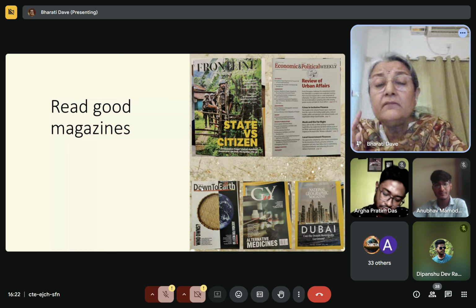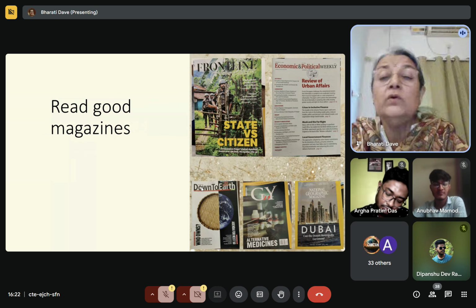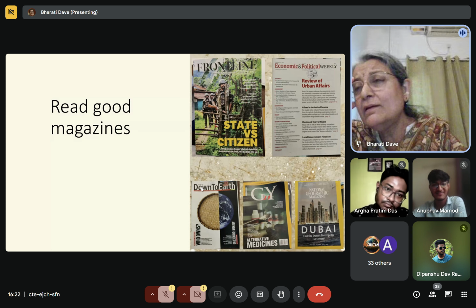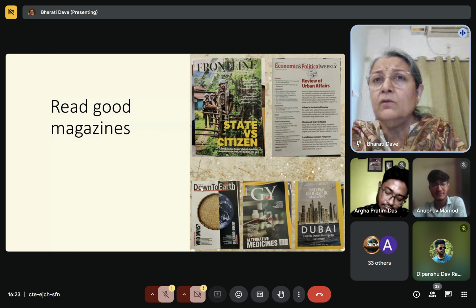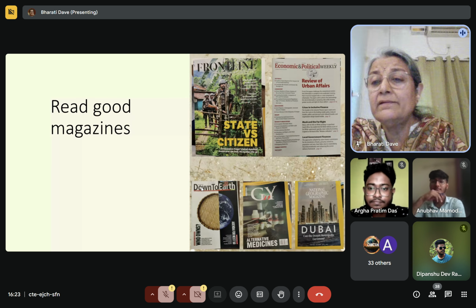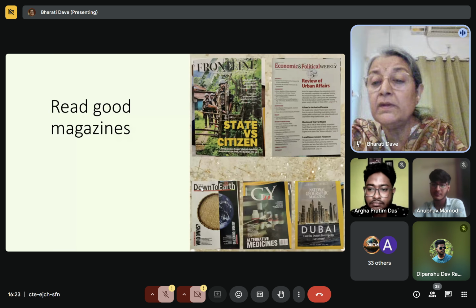Then read good magazines. Like I said, read good newspapers. Now, good newspaper is not about bias. What I'm saying is that in many newspapers, a lot of stress is on advertisements and current happenings in the town, and not much effort is made in editorials and opinion making.